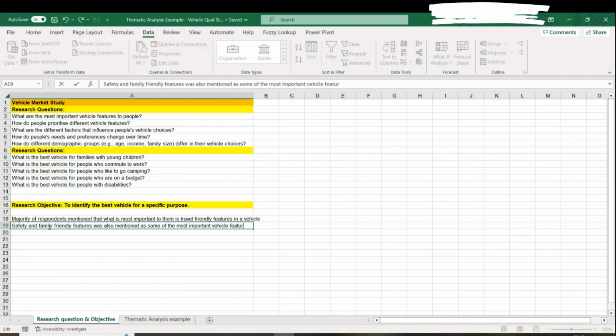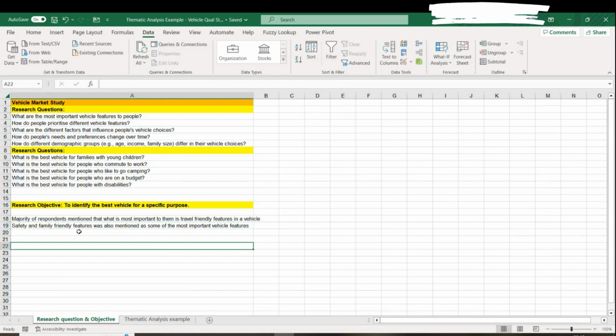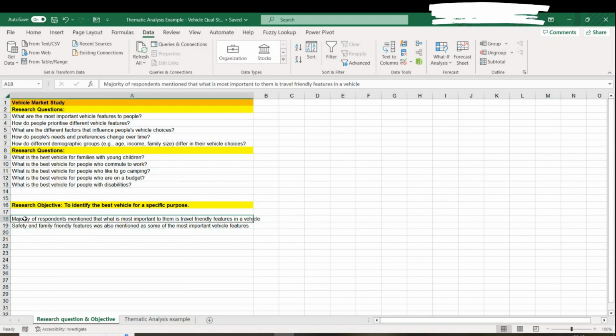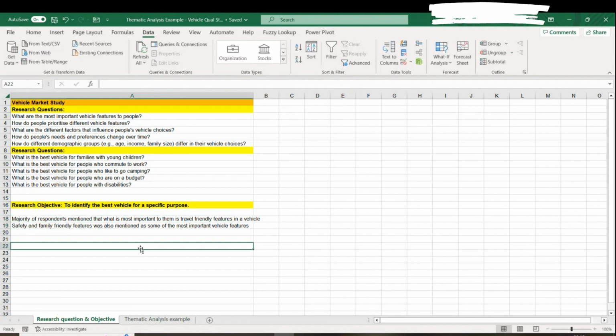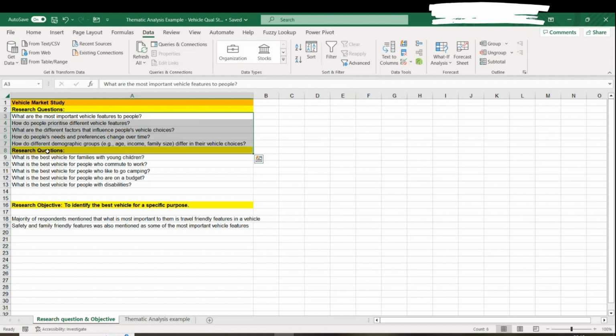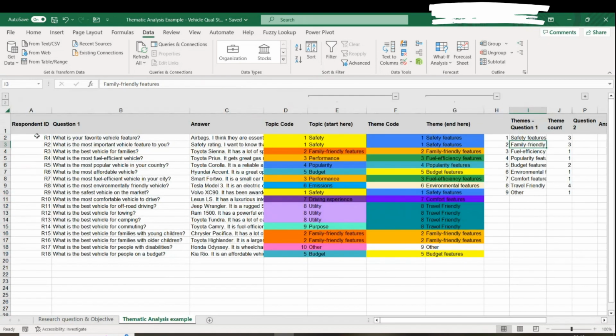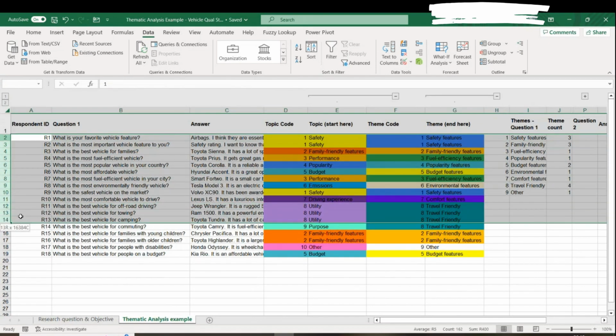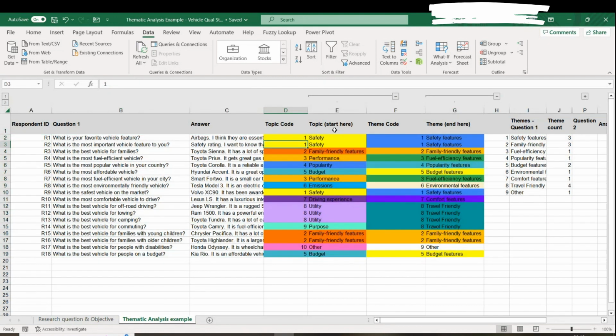Cool. So you see, we've done now the whole thematic analysis, and we've answered the research objective from looking at our research questions. We then looked into what each of the respondents said. We've coded our topics.